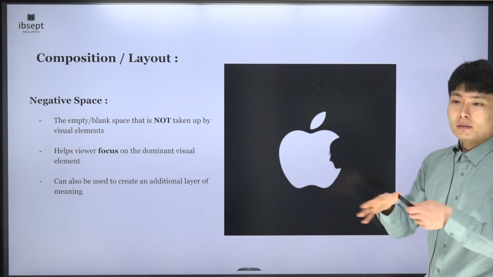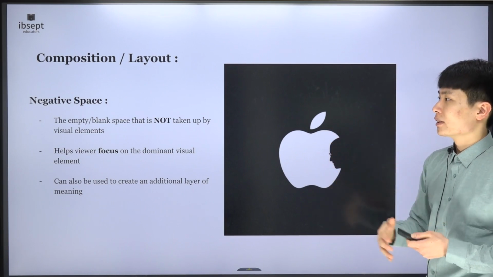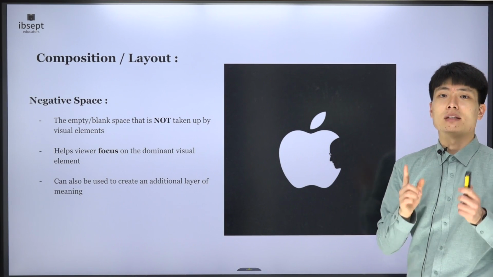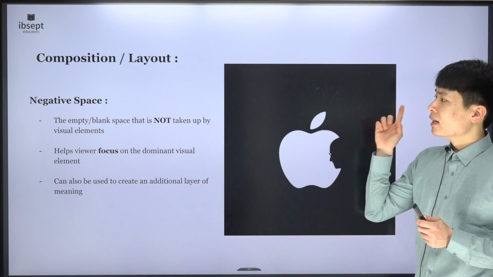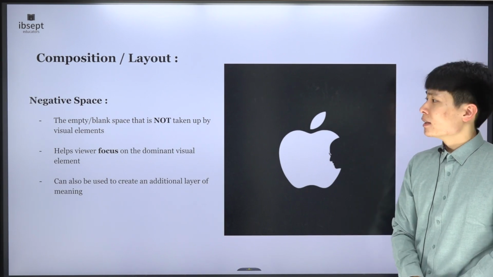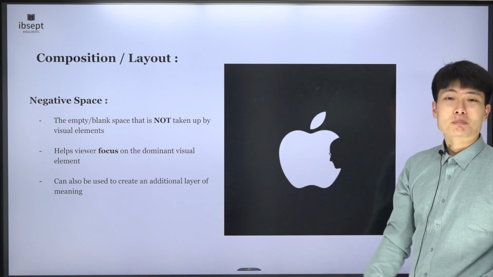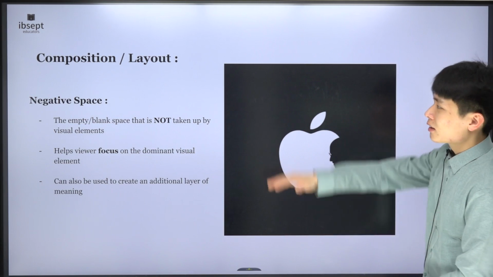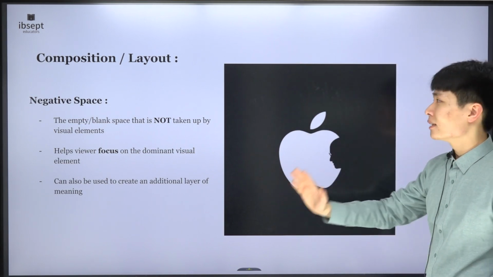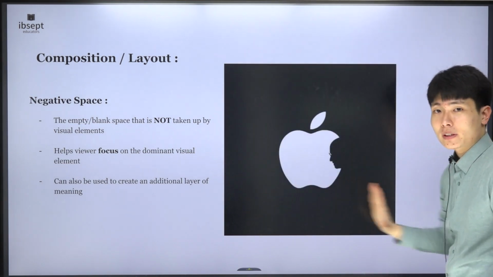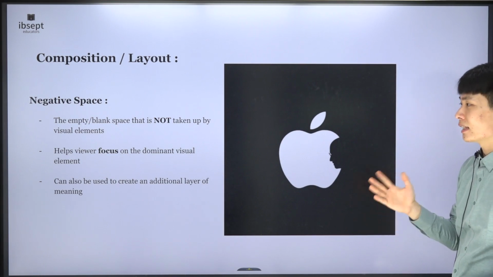And now going back to just more general visual terminology, we have the concept of negative space. Negative space is simply the empty or blank space that is not taken up by visual elements. If you're talking about this whole screen, all of that white space on the border can constitute negative space.